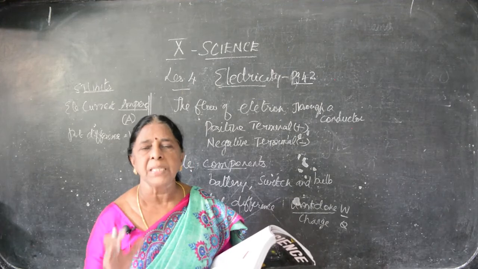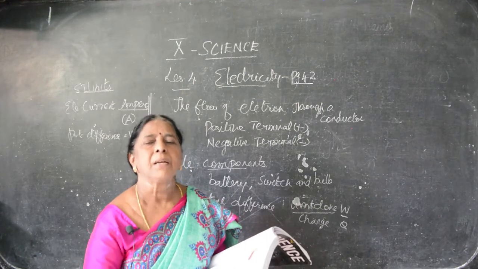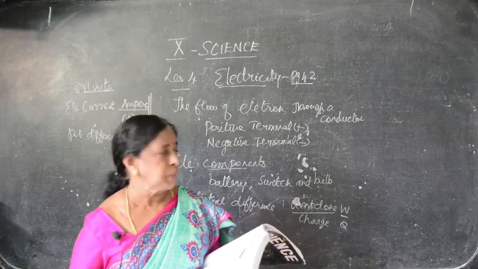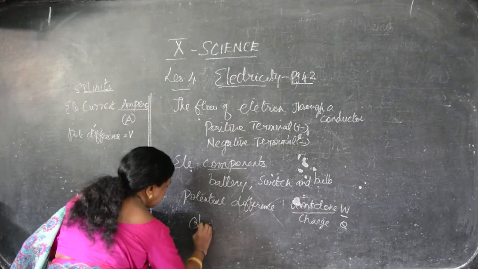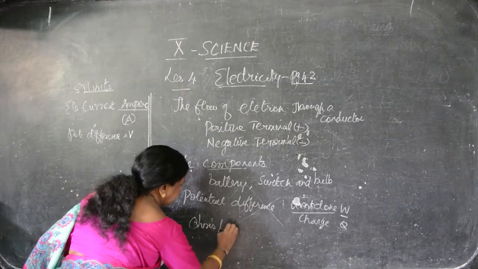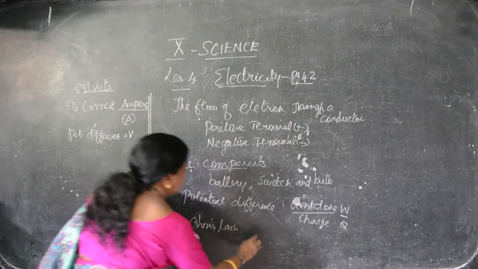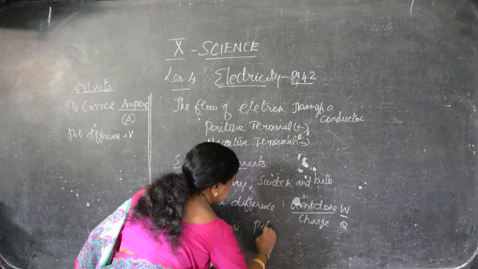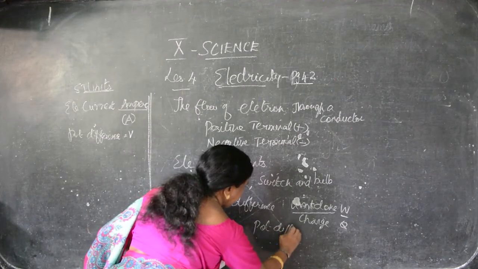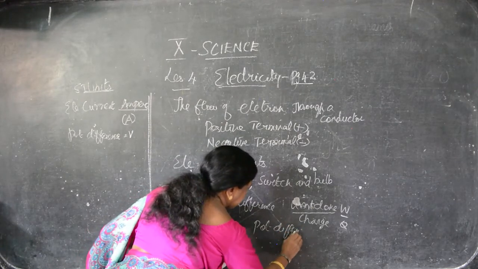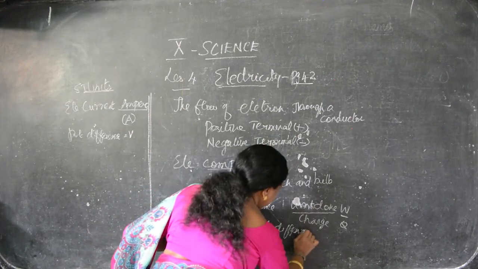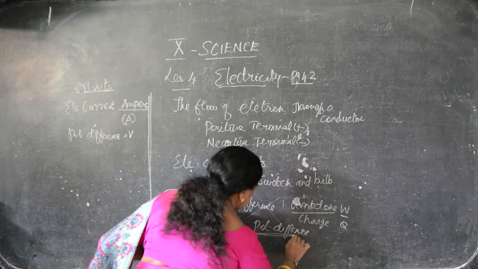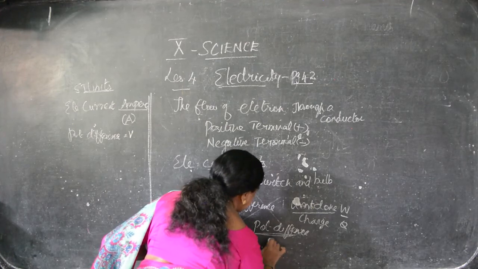The relationship between the potential difference and the current is known as Ohm's law.